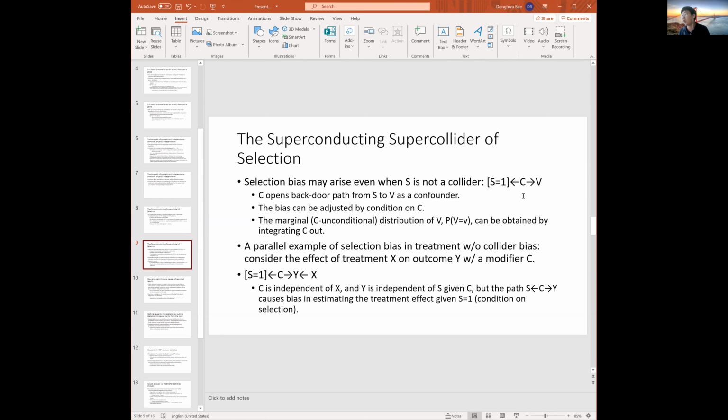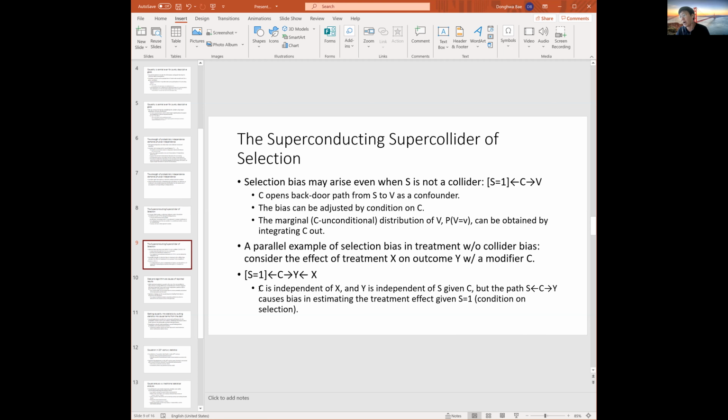And a parallel example of selection bias is in treatment effect analysis. Think about X as a treatment, Y as the income, and C as a modifier of Y. Even in that case, we can only observe some samples from the population. So even though C is independent of X and Y is independent of S given C, the path from S through C to Y is always open by conditioning on S equal 1.